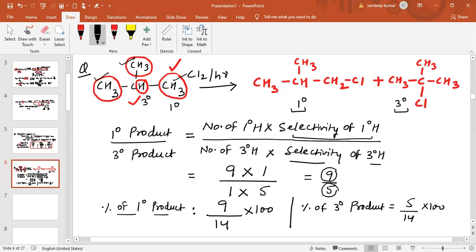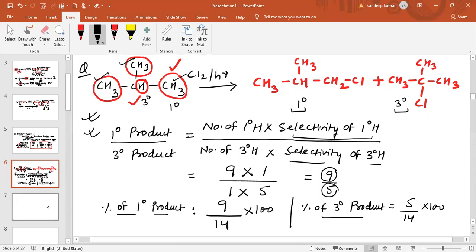So this is the 3 degree product percentage. Or you may also subtract the 1 degree product amount from 100. So this is basically the question based on the selectivity of chlorination.